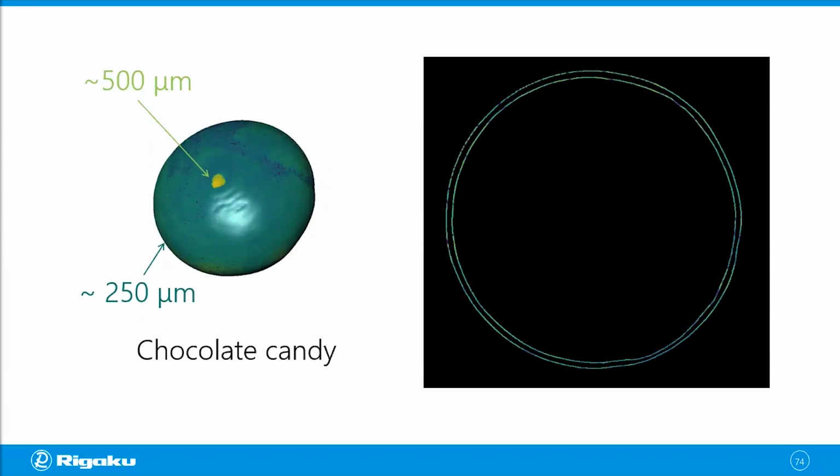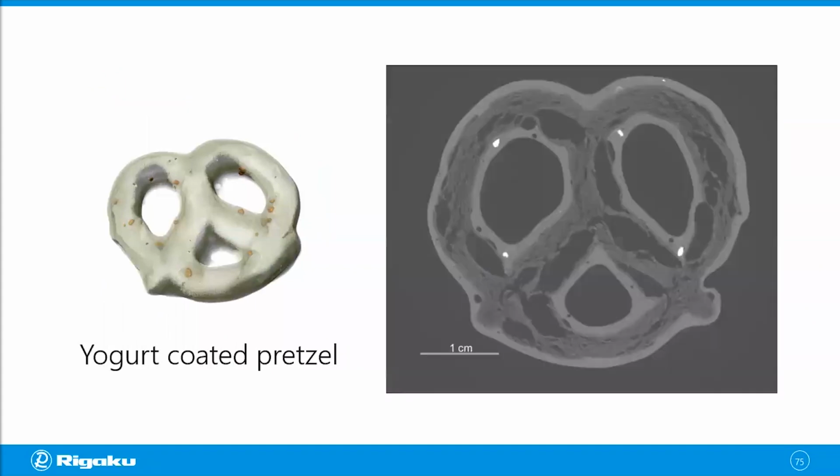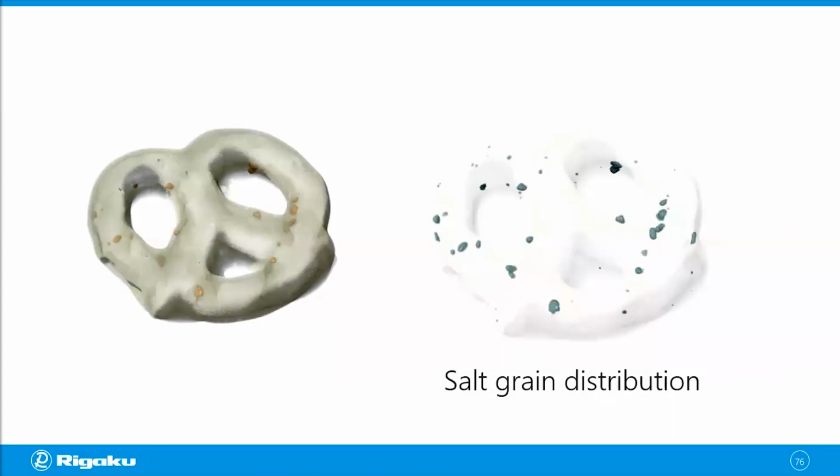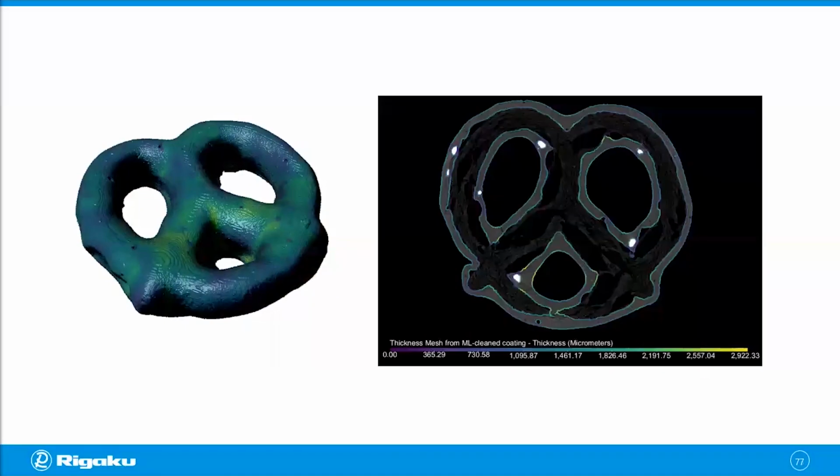But you can do the same thing for more complicated shaped samples, like a pretzel. So this is a yogurt flavored chocolate coated pretzel. And you can see the cross section. Those white bright spots represent salt grains. And you can see where those salt grains are in 3D. And again, you can do the coating analysis.